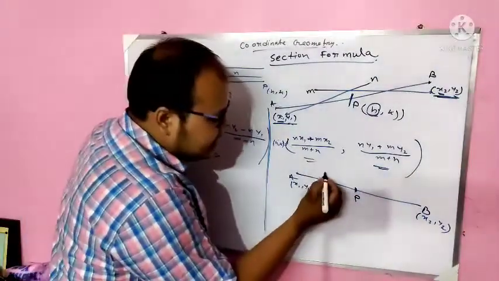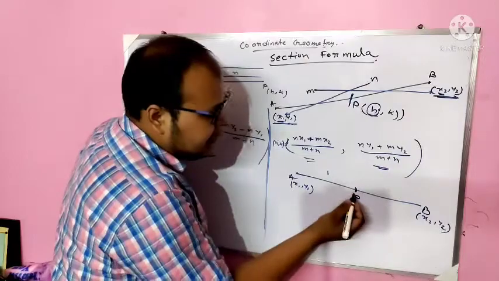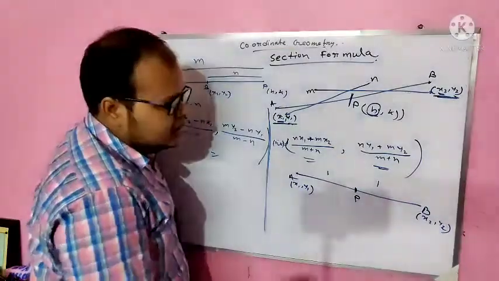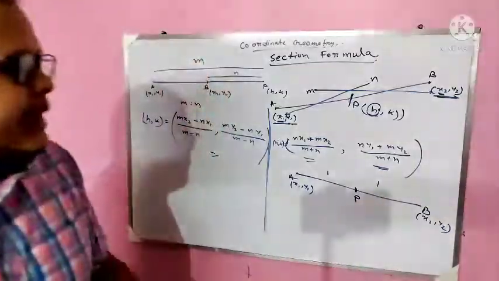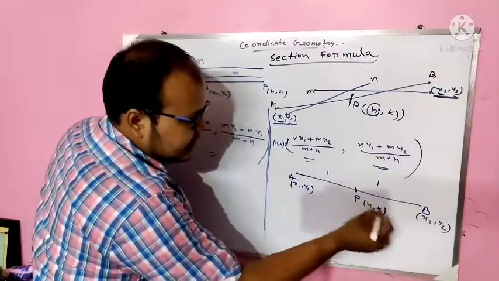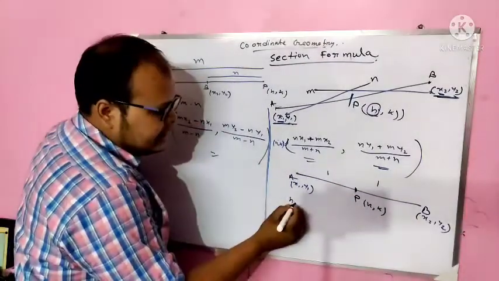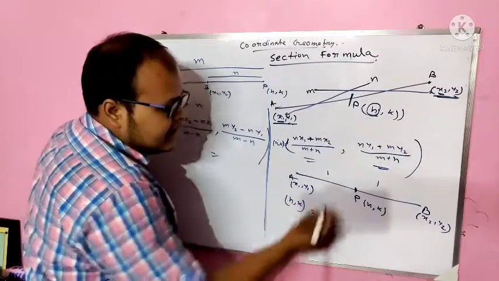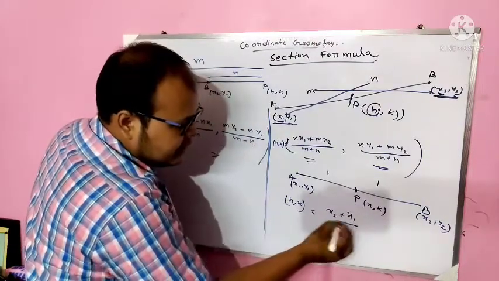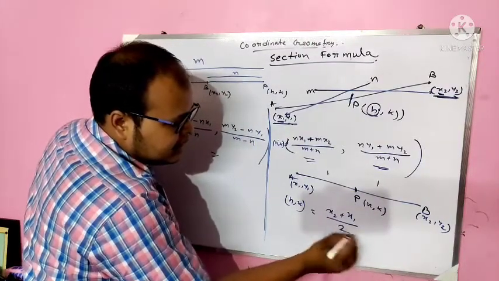So I can consider that the point P will divide the line segment AB in the ratio 1:1. So m:n will be considered as 1:1, and if I say the coordinate of P is h comma k, then h will be given as 1 into x2, means x2, plus 1 into x1, that is x1 only, divided by 1 plus 1, that is 2.